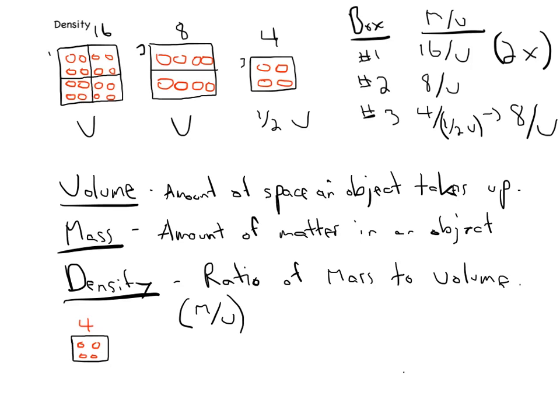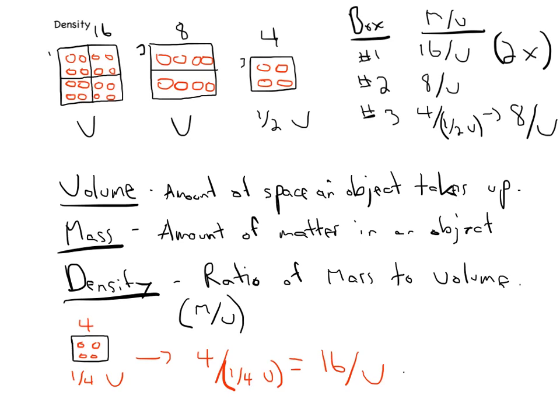It would be 1/4 V, right? If this is V and we take 1/4 of it, the volume of the little box is 1/4 V. Well, what's the density of that? Well, the density of that is 4 divided by 1/4 V, which again, we have a fraction in the denominator, so multiply the numerator by 4 to get rid of that fraction, and you end up with 16 over V. 16 over V is the same density that the box had initially.